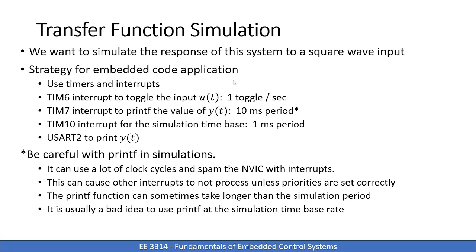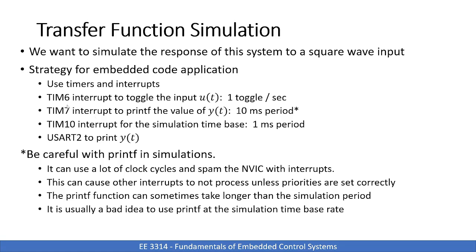Okay, so let's say we want to simulate the response of this second order system to a square wave input. So we're going to be getting a square wave as an input, and we want to see how this system responds. This is the strategy of how we're going to implement this in the embedded code. We're going to use timers and interrupts so we can accurately predict how often things are going to happen.